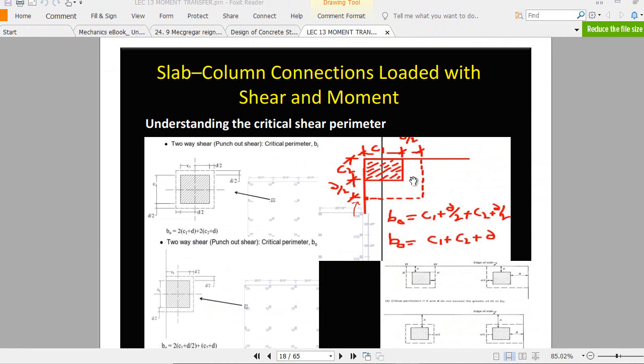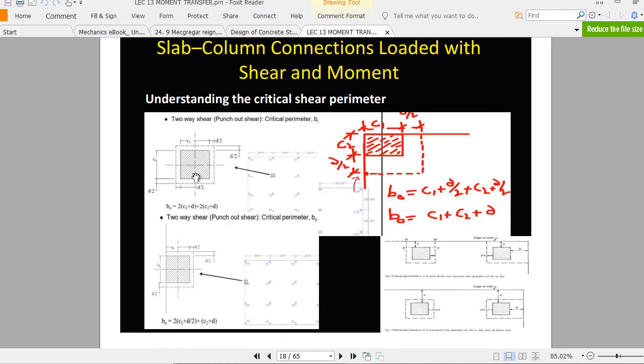Now we have slab-column connection loaded with shear and moment. We must understand some technical terms relating to moment transfer. First of all, the critical parameter: in the case of the interior column, how can we calculate b naught? We already explained this in lecture number 11.